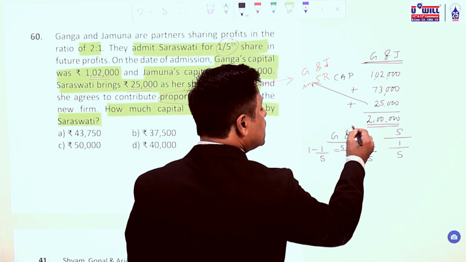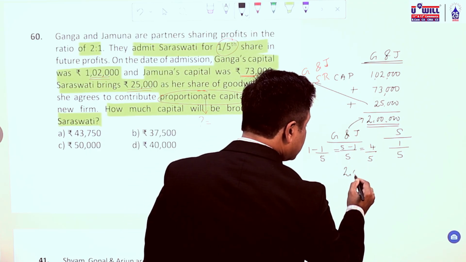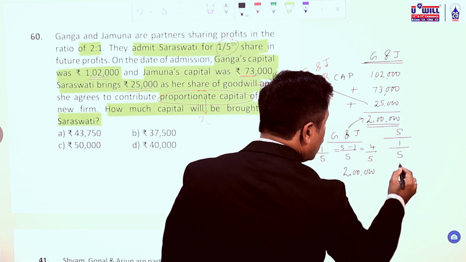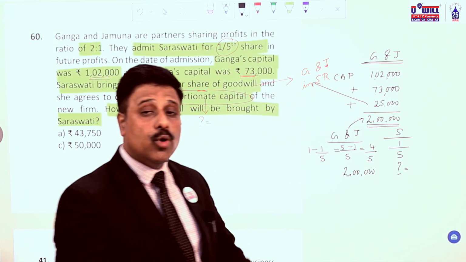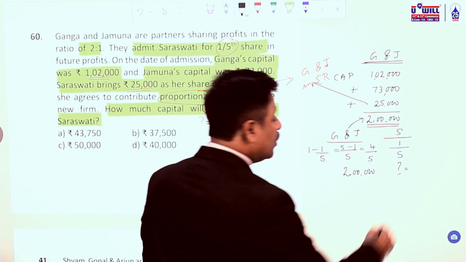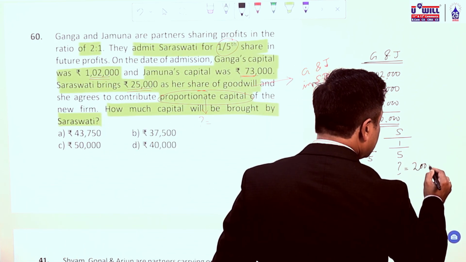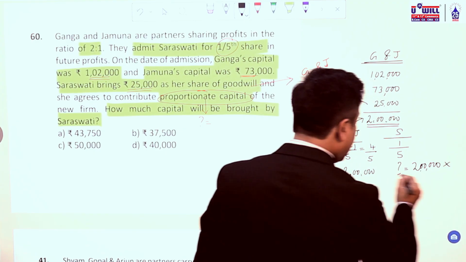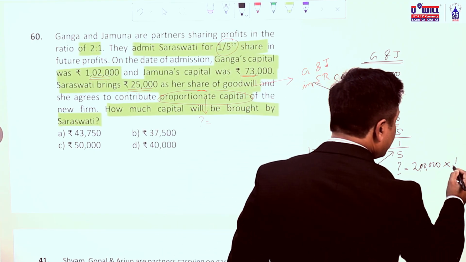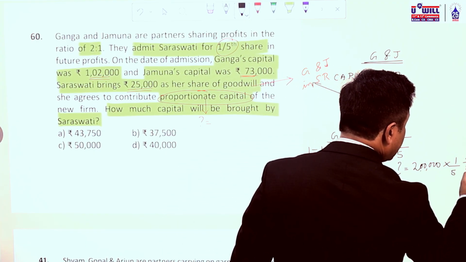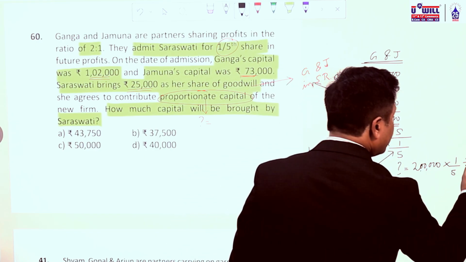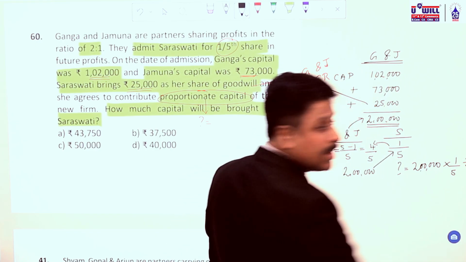When Ganga and Jamna's capital is 2 lakhs, what should be Saraswati's proportionate capital? 2 lakh multiplied by 1/5 and divided by 4/5.